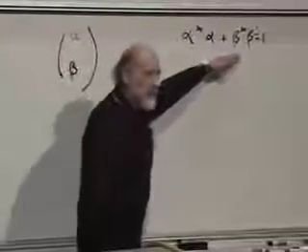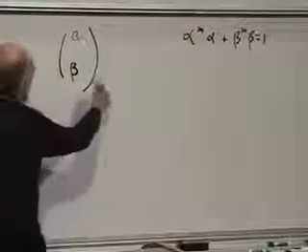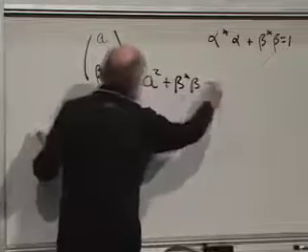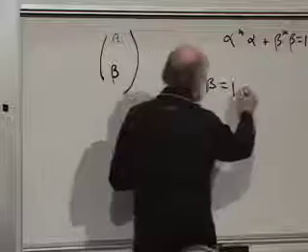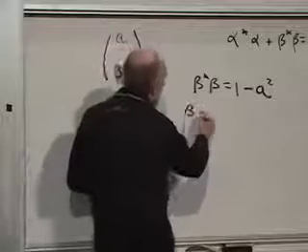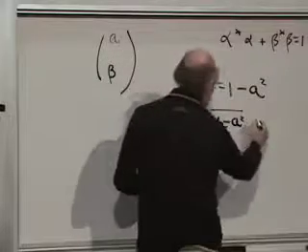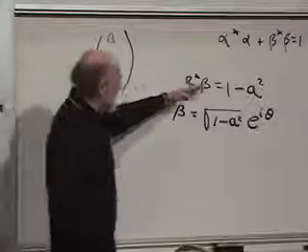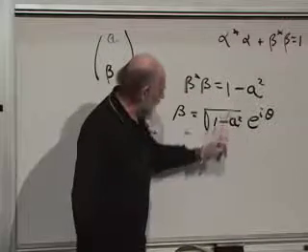Let's first of all solve this relationship here. We have to have that a squared plus beta star beta equals 1. There's an easy way to solve that. We just write that beta star beta is 1 minus a squared. And now we can write that beta is equal to the square root of 1 minus a squared times any phase, e to the i theta. If beta star times beta is a number, that means that beta is the square root of that number times a phase.